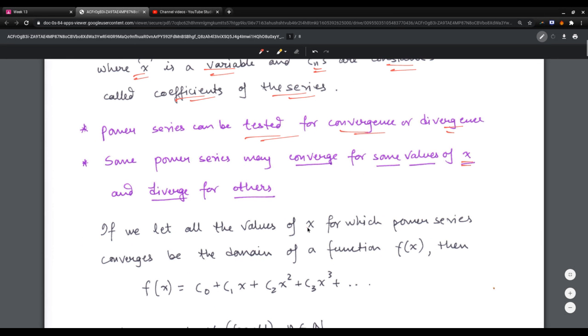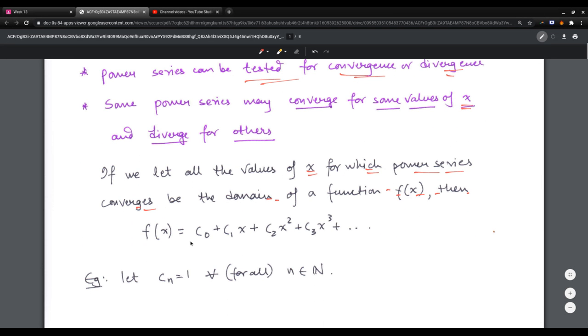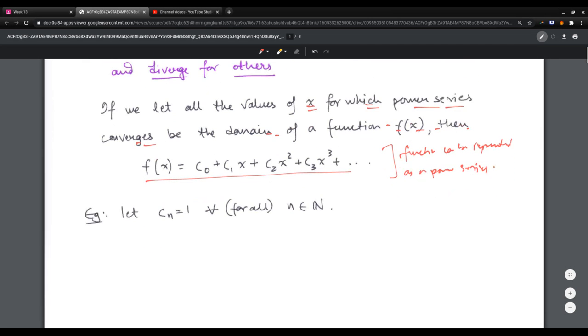If we let all the values of x for which the power series converges be the domain of the function, then that function can be represented as a power series, which is very helpful because it means I have a very simple expression for any kind of function.